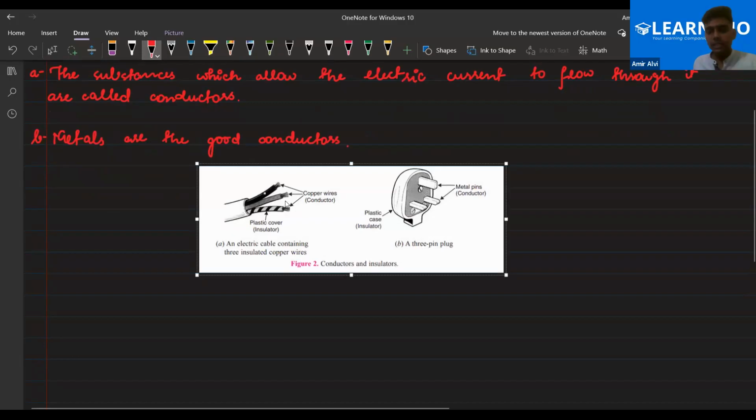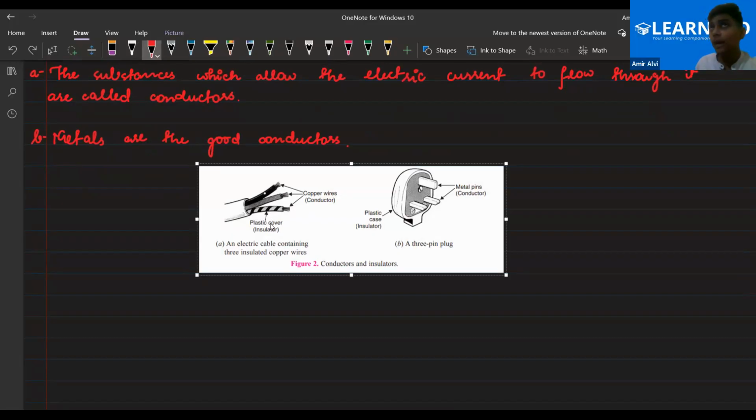A plastic covering is there on the wire. If you remove that plastic covering, there are very small, very thin wires in it. These are copper wires, conductors. The plastic insulator is used so that they cannot touch each other. We will discuss short circuiting and overloading in the later part of this chapter.